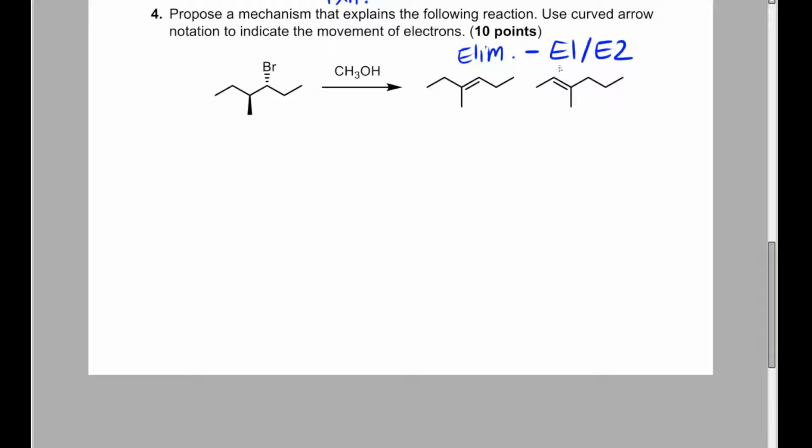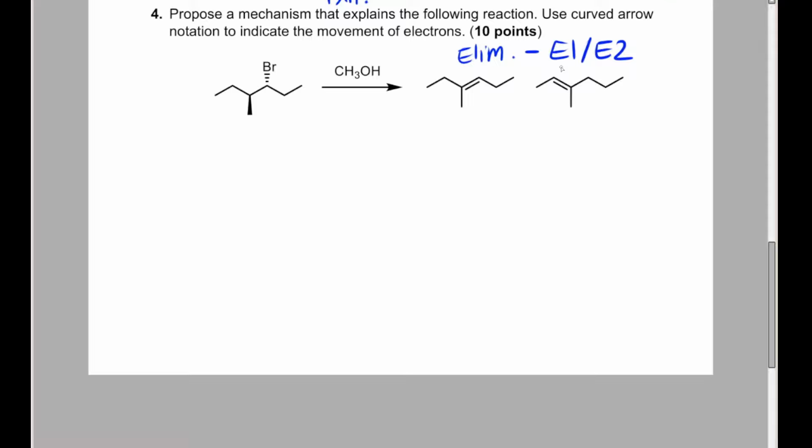So the next thing we need to do is determine whether it's E1 or E2 out of the elimination reaction mechanisms. Remember that neutral things are more associated with E1 or SN1, which is not a concerted reaction mechanism. They're both going to involve multiple steps, with the first step being that the leaving group leaves first because the reagent, the base, or the nucleophile is not strong enough to push out the leaving group in one step.